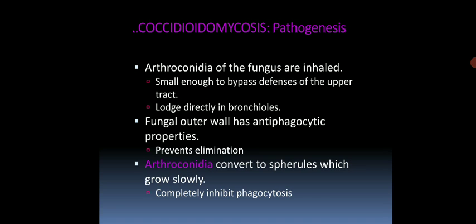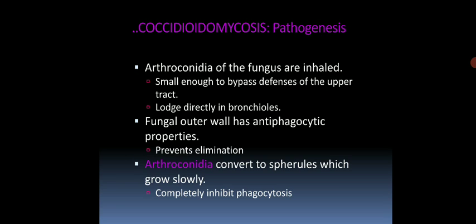The fungal outer wall has antiphagocytic properties, and it prevents the elimination of this fungus from our body. Arthroconidia convert to spherules, which grow slowly, so they completely inhibit phagocytosis.